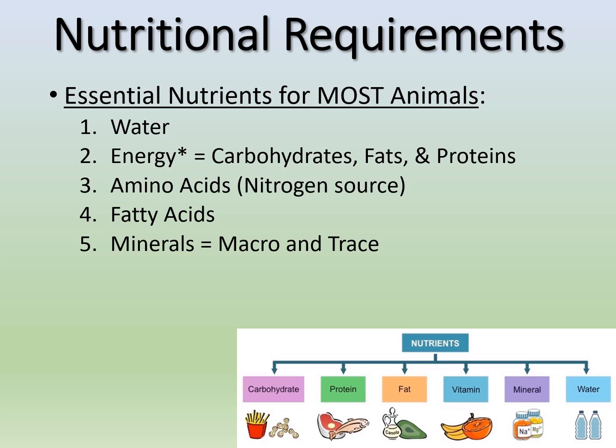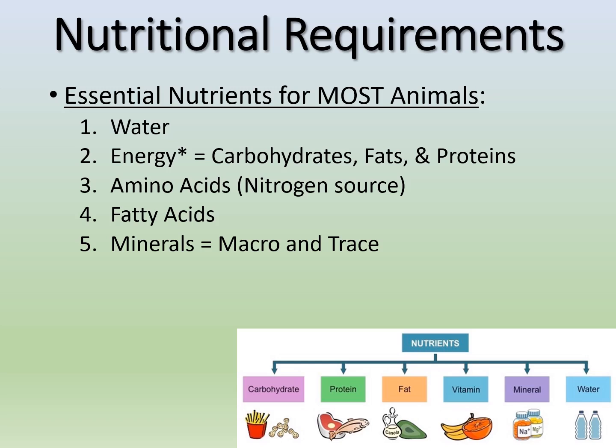We're also going to need minerals. There are macro minerals, and micro minerals are called trace minerals. That has to do with the amount of the mineral that we require. Macro minerals, we require more of them, and trace or micro minerals, we don't require quite as much. We only require those trace amounts, but they're still an essential nutrient.